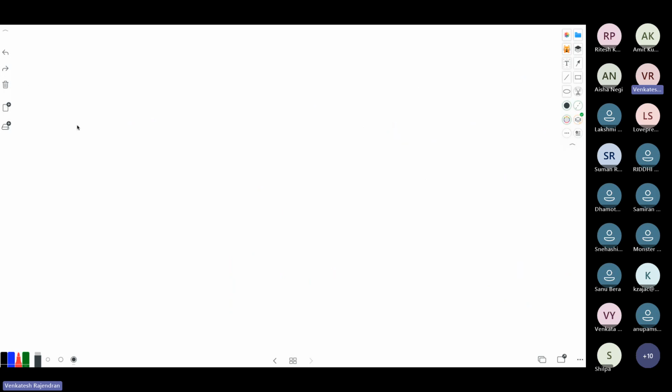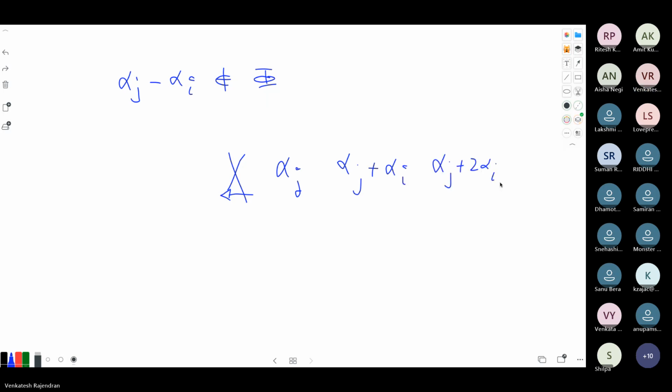So note that alpha j minus alpha i is not a root. This is a property of simple roots. That means if I take alpha j, I can't subtract, so on this side there is nothing. You have to go only to the right side, so you keep adding, and then you reach q alpha i.